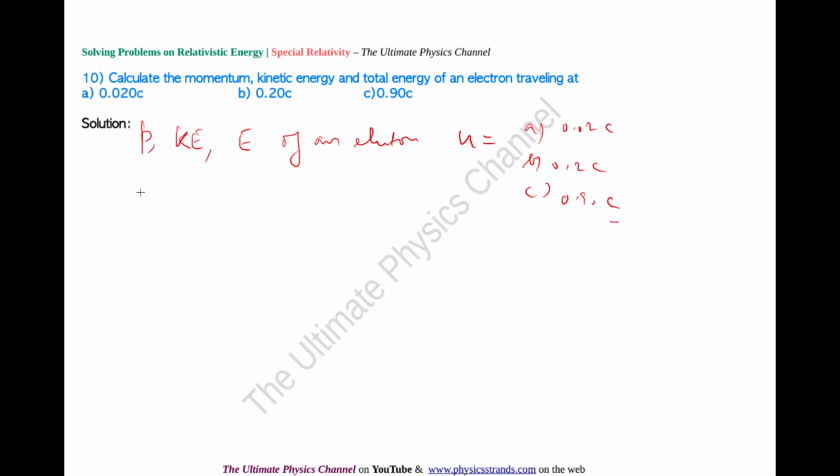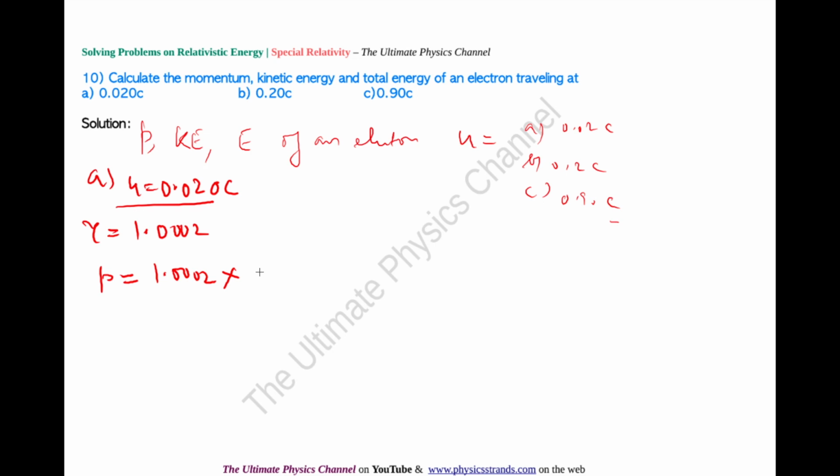So in the first case, let's say A, the speed is 0.020c. For this case, if I calculate gamma, I'm getting 1.0002. For that gamma, if I do the momentum, of course I can do it in MeV over c units, or I can directly do the brute force. If I do it directly in MeV over c squared units, it's easy for the momentum. So gamma is 1.0002 multiplied by m_e.